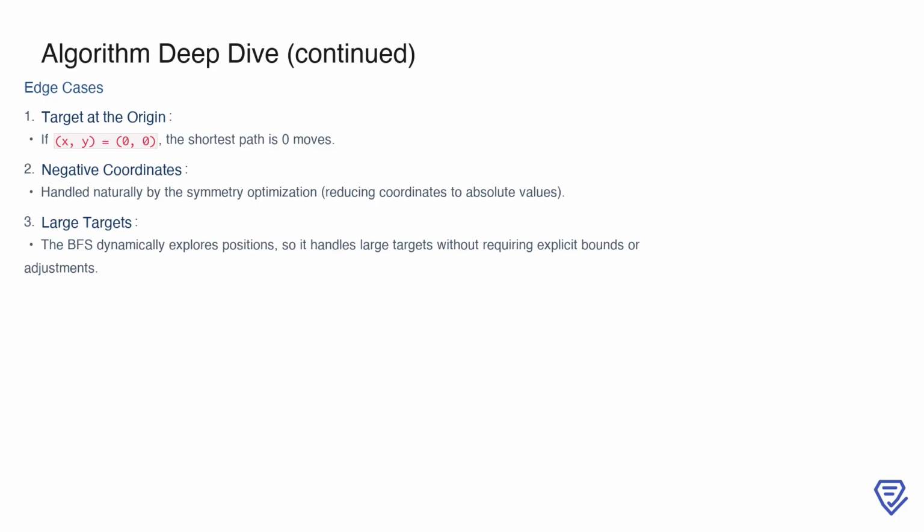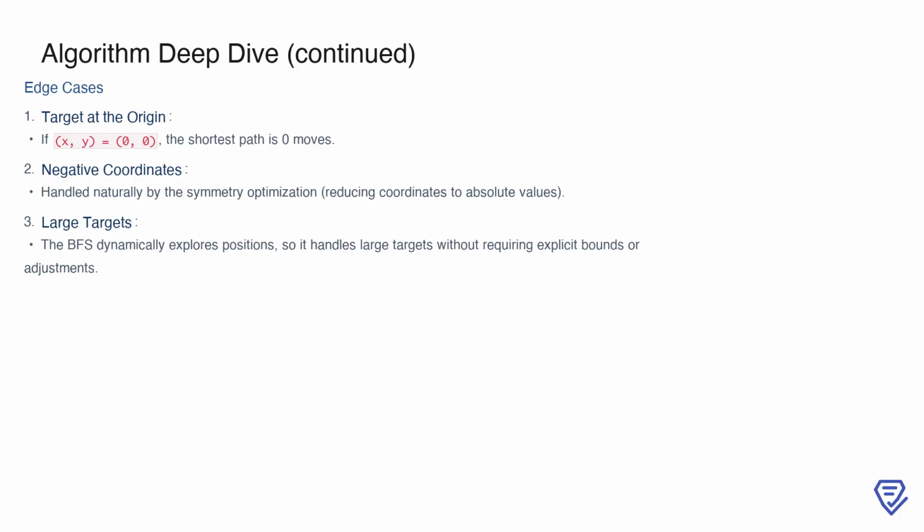If the target is at the origin, that is, x, y equals 0, 0, the shortest path is trivially 0 moves. Negative coordinates are naturally addressed by the symmetry optimization, which reduces all coordinates to their absolute values. This means the algorithm effectively operates in the first quadrant, simplifying the logic without loss of generality.